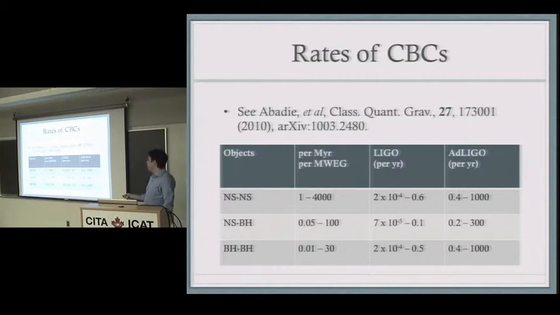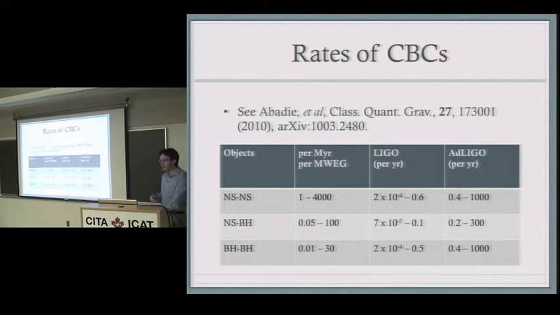If you translate this physical rate into a detection rate for initial LIGO, you get something that's negligible to order 1, and again, negligible to order 1, negligible to order 1. Even though these rates are intrinsically very different, as you go down this graph, the signals get much louder, so you can see them much further. And that's why, roughly speaking, these numbers are all comparable, even though these numbers are not.